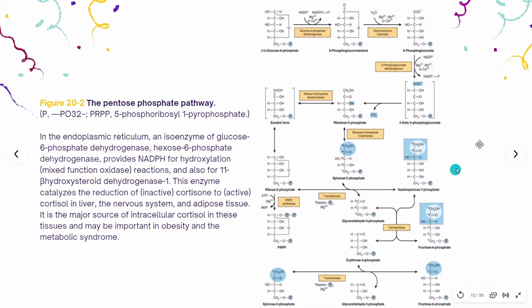Vitamin B1. Vitamin B1 is part of the metabolism of carbohydrate. Vitamin B6 is for amino acids. And there are other vitamins later on.